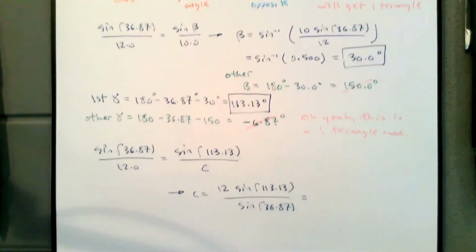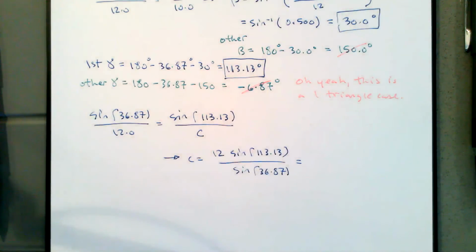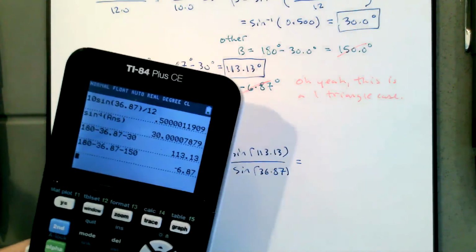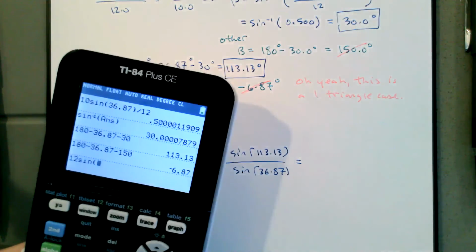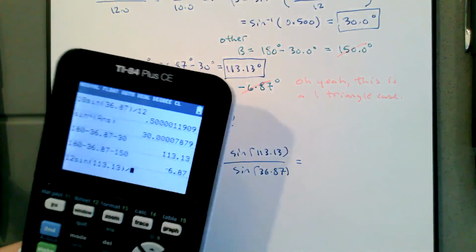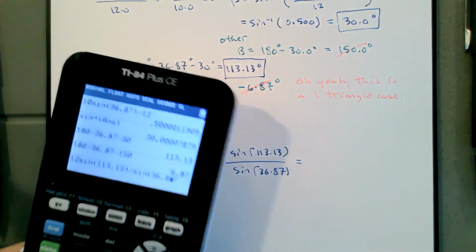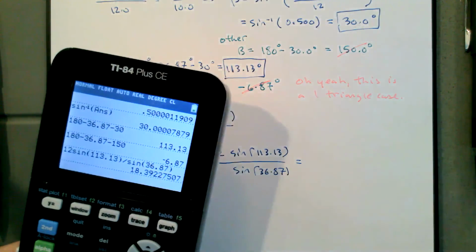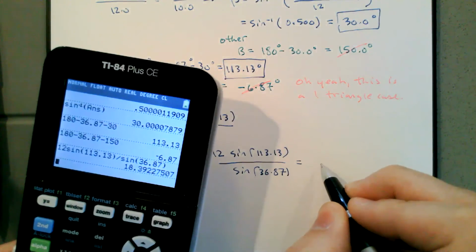Note that in this case, we do not need a sine inverse because we're looking for a side and not an angle. So 12 times the sine of 113.13 divided by the sine of 36.87 gives us a side C of 18.4.